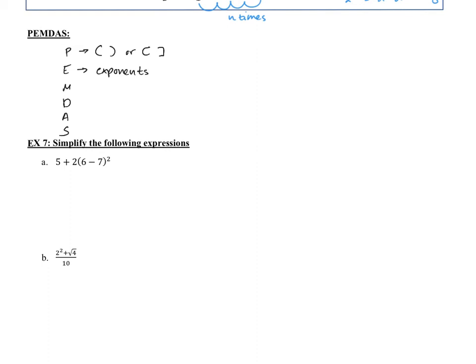Hopefully this is review, so I'm going to go over this a little quicker. As usual, if you have any questions on any of these, feel free to shoot me an email. Then multiplication and division. This is where it gets a little weird. Multiplication and division are actually on equal terms. It's just whichever one comes first when you're reading left to right.